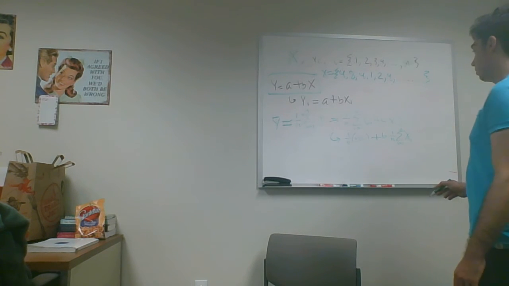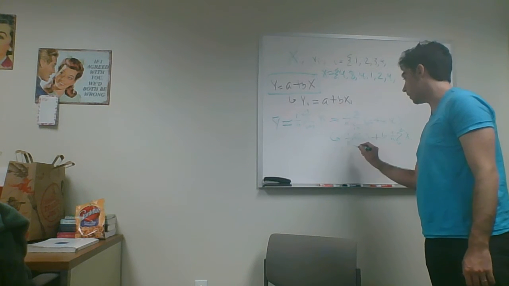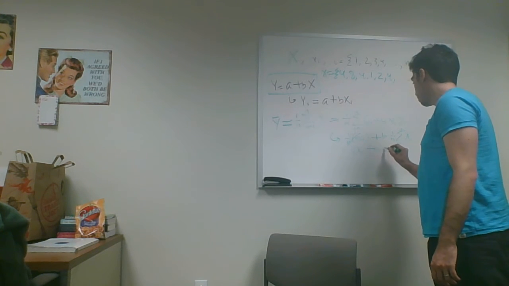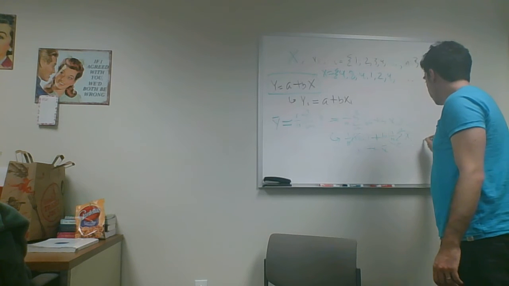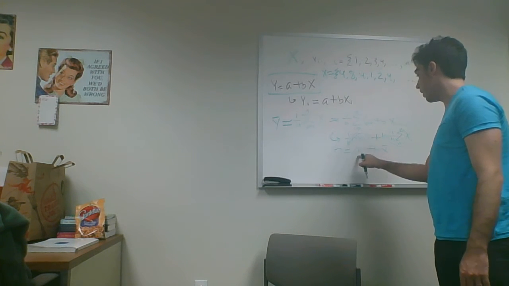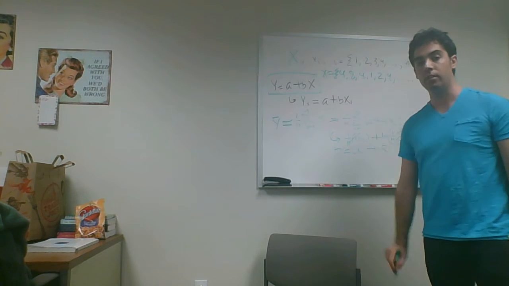So going back to here, the n's cancel out, you just have a plus b x bar, because here's my average right here. So y bar is equal to a plus b x bar.